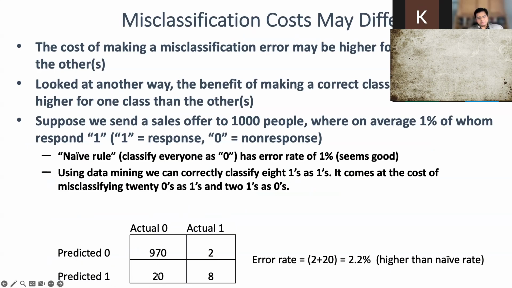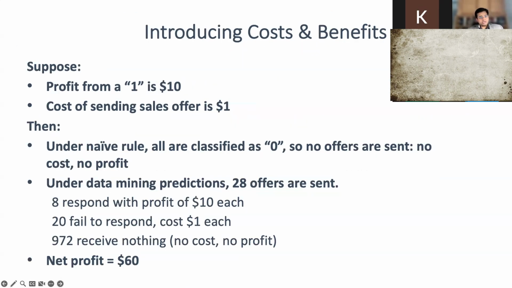Because we predicted them as buyers, but actually they are non-buyers. 8 of them are correctly identified as buyers when they actually are buyers as well. So 28 of them we will reach out to. Now when we reach out to them, what would happen? We will spend money on them in terms of the sales offer that we are going to provide to them. 8 of them will respond, and we will get profit from these 8.